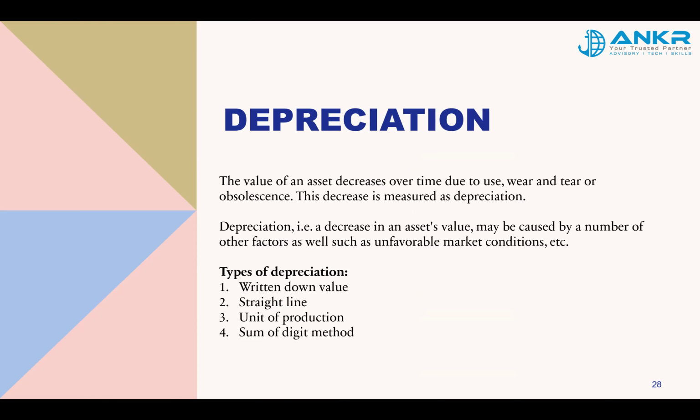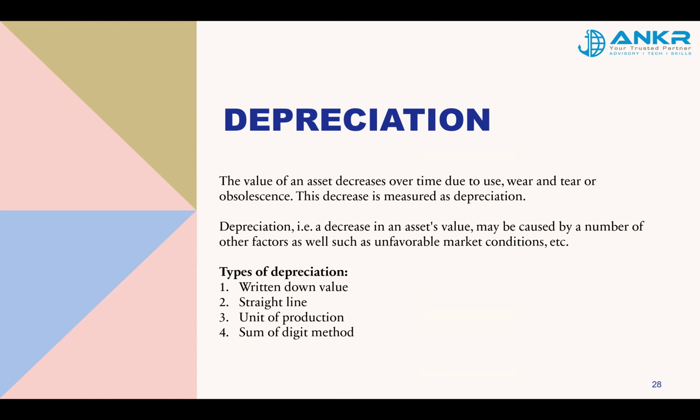Now all items of fixed assets will have depreciation, or for intangible assets, we call this amortization. We'll stick our discussion to depreciation right now. When the value of an asset we have purchased, let's say a machinery, decreases over time, this decrease can be on account of usage, wear and tear, or technological obsolescence.